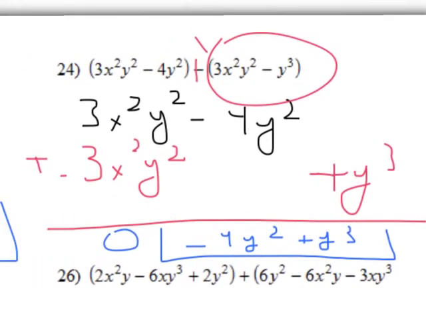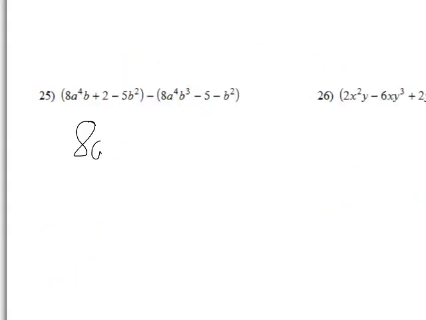Similarly, here, I am going to line up my like terms, but for this one I had a minus, so I turned this into the additive inverse, which meant that I had to turn this guy negative and this guy positive. There was no other y cubed, so y cubed's on the end, and you should have had that. So 8a to the 4th b plus 2 minus 5b squared.